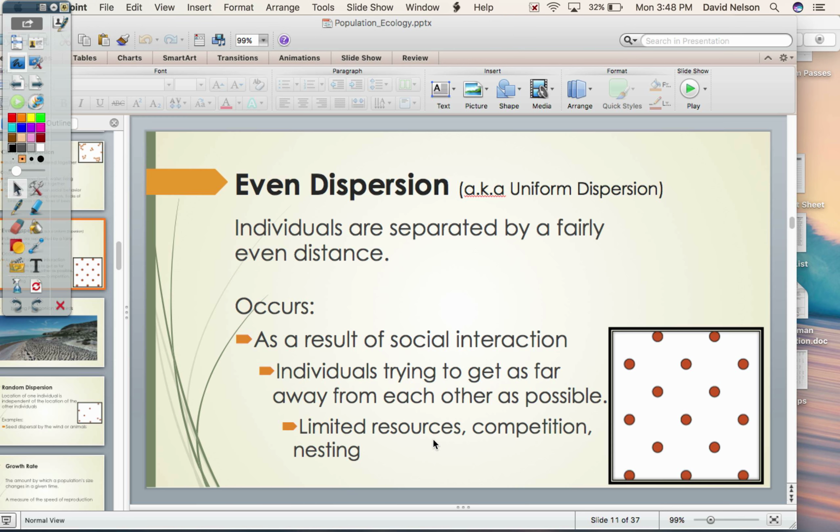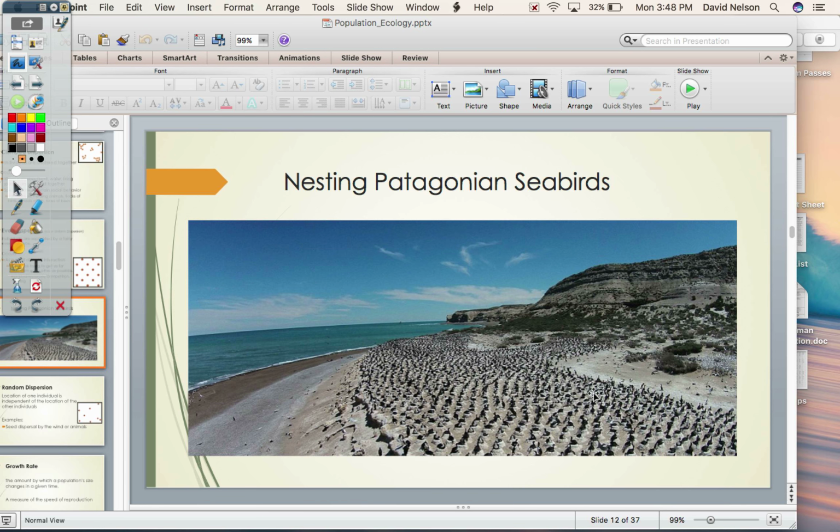So birds like these Patagonian seabirds, there are tons and tons of them, thousands in fact, and only so much space that they're able to nest in. And so they want to be as far apart from one another as they possibly can to defend their nests, but there's so many of them that they end up looking like they're really close together.